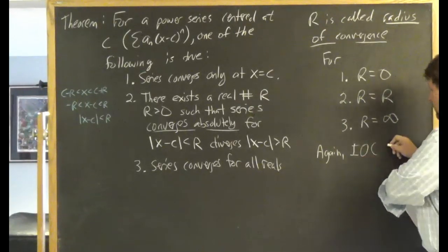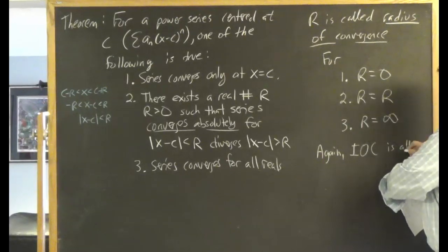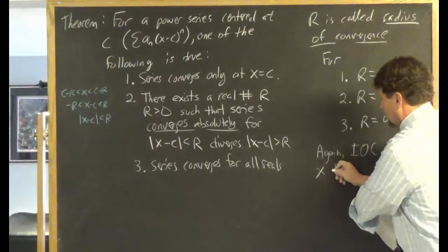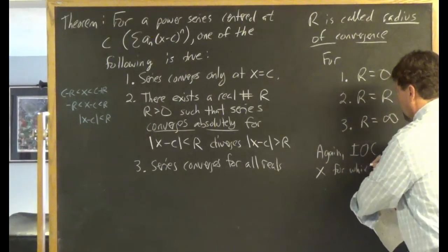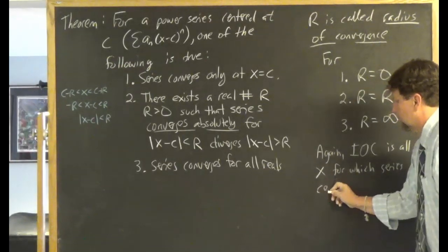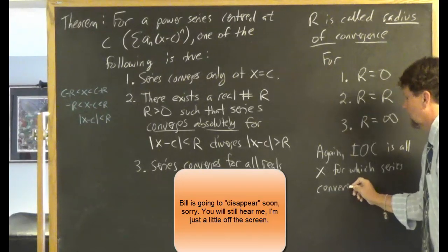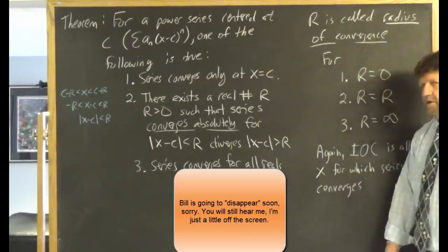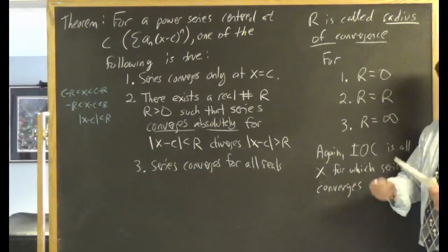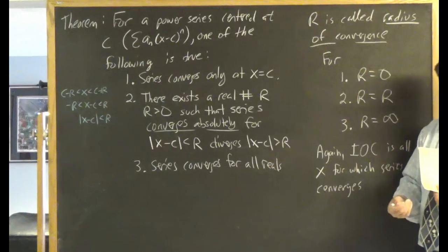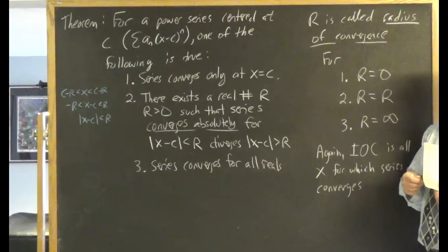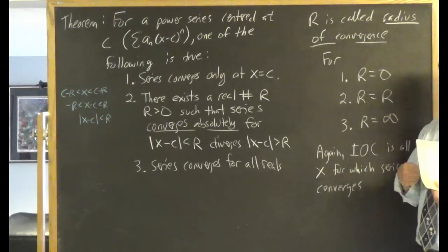The interval of convergence is all x for which the series converges. It will be all values of x. We can't get the interval of convergence without knowing the radius of convergence. So let's head on back to the slides.